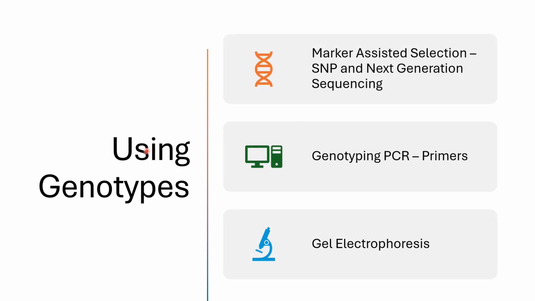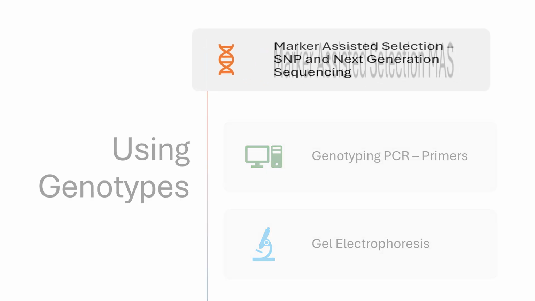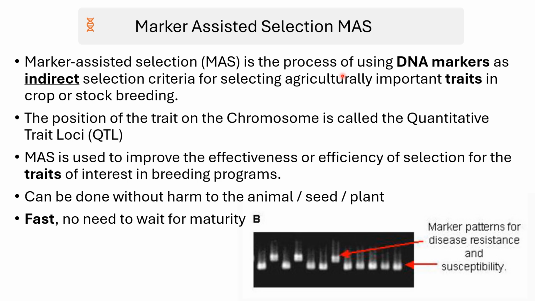So to check the DNA, there's a few techniques that we can discuss. The first is marker-assisted selection. Now, there's a lot of big words on this page, and don't get confused, because remember, we are talking about using genotypes for selective breeding. We are not going into the genotype and changing it like we do in transgenesis.